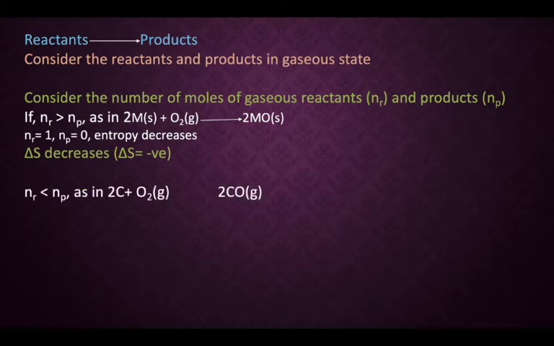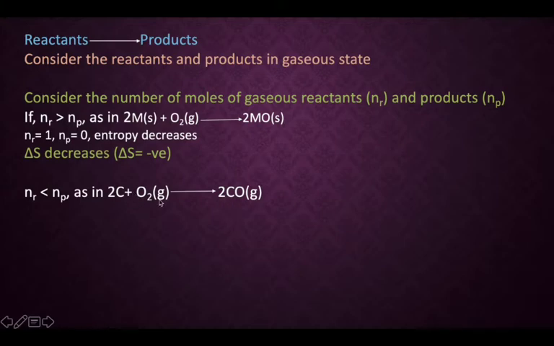Next case, let me take one more example. Here 2 moles of carbon, which is in the solid state, react with 1 mole of oxygen, which is in the gaseous state, to give 2 moles of carbon monoxide, which is in the gaseous state. Again we are only concerned with the gaseous reactant and gaseous product.